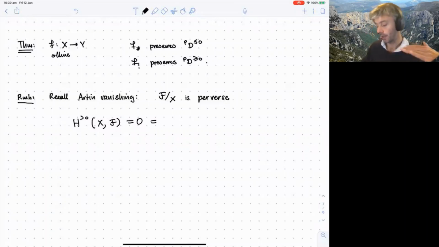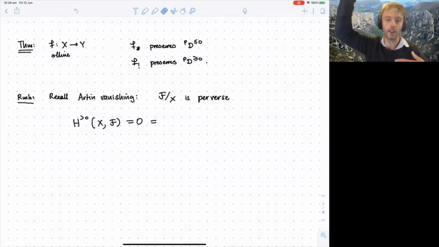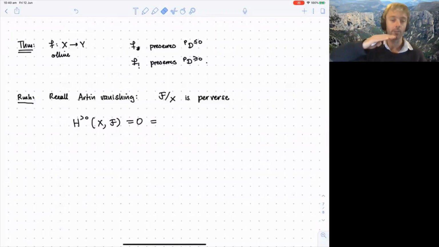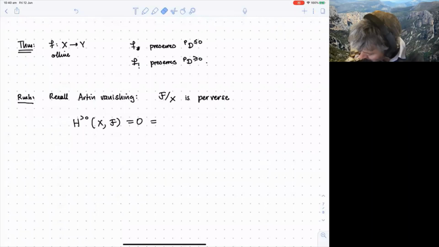Remember that we expect for a perverse sheaf the mirror of Poincaré duality to be the middle degree. And so normally for a projective variety, we expect it to be distributed above and below 0. But for an affine variety, we expect the cohomology to stop exactly at 0. And similarly, we expect the compactly supported cohomology.